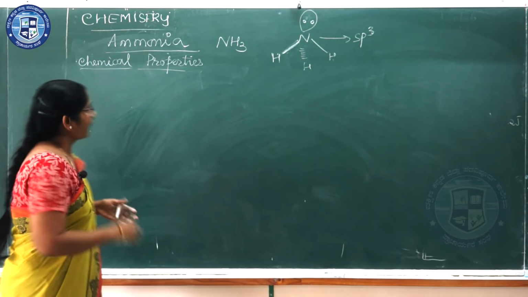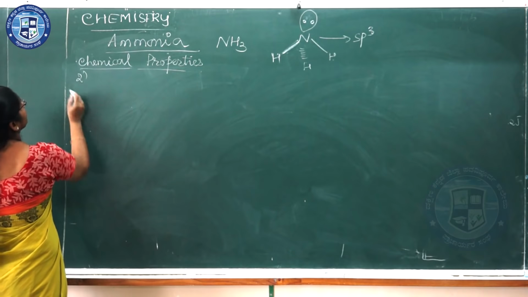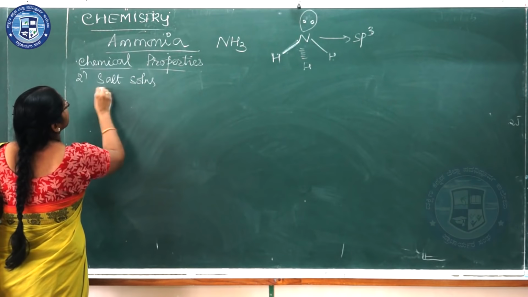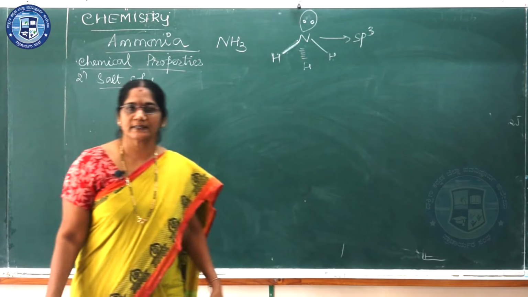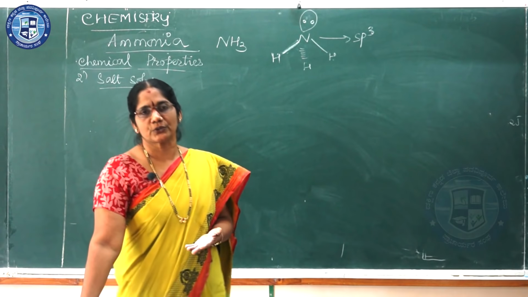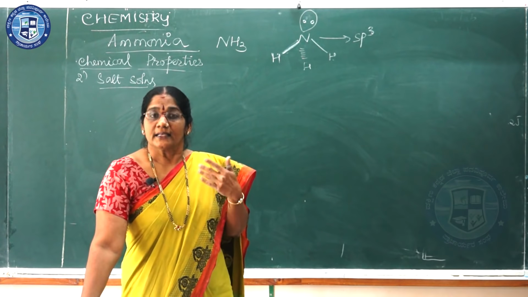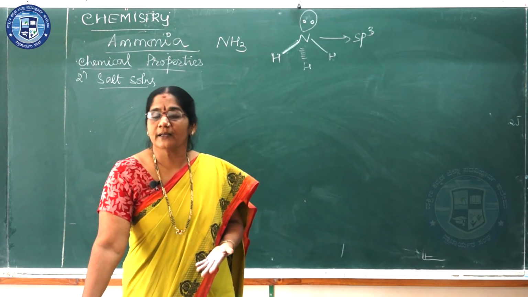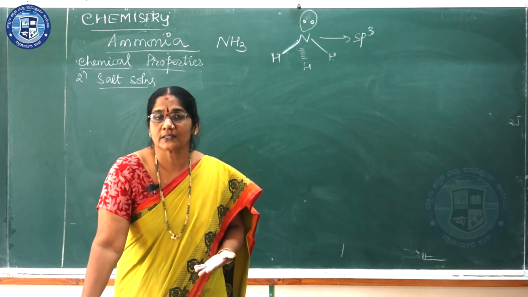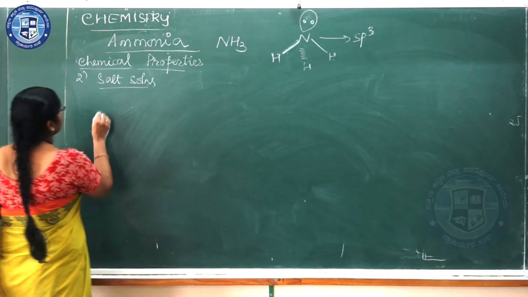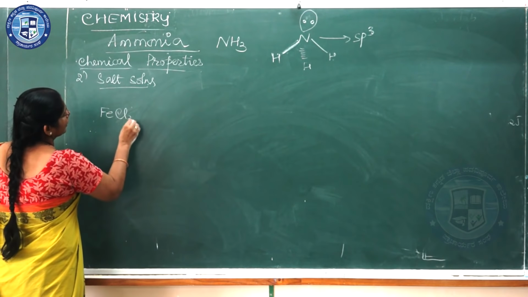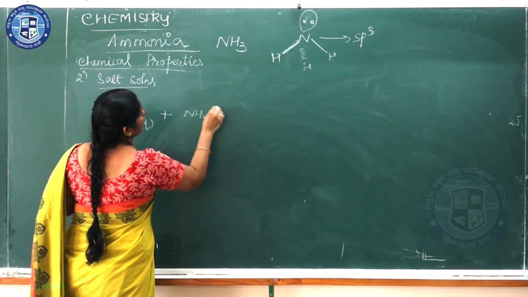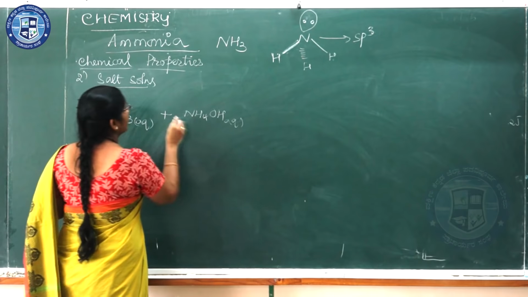Next we will see the second property, with some salt solutions. When ammonium hydroxide is added to some salt solutions like ferric chloride, zinc sulfate, or magnesium and aluminium salts, their hydroxides are precipitated. For example, you take ferric chloride aqueous solution, and to this ammonium hydroxide is added.